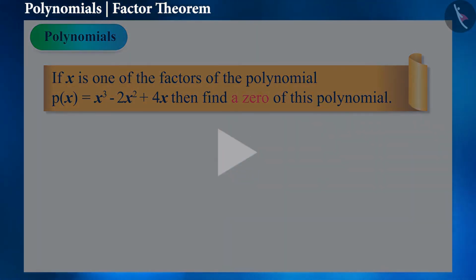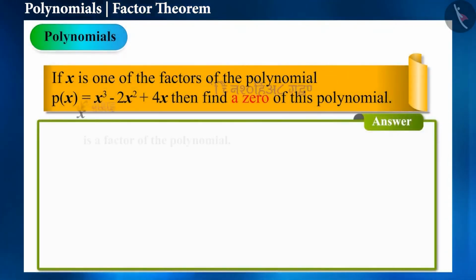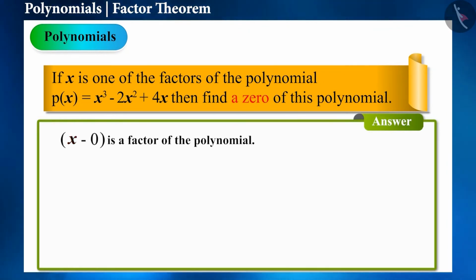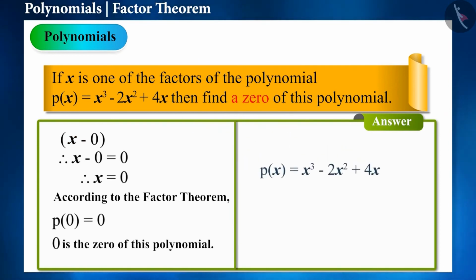You can pause the video and think about the answer. Here, we can also say that the factor of this polynomial is either x or x minus 0, all the same. So, according to the factor theorem, 0 will be one of its zeros. You can also check the value of p of 0 whether it is 0 or not.